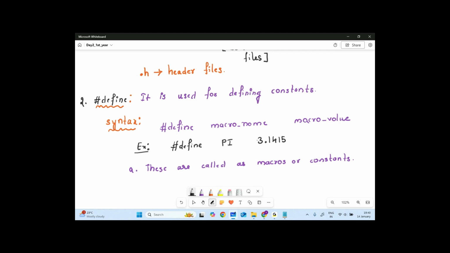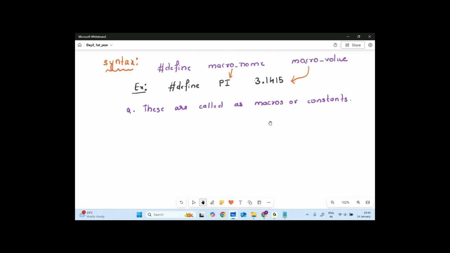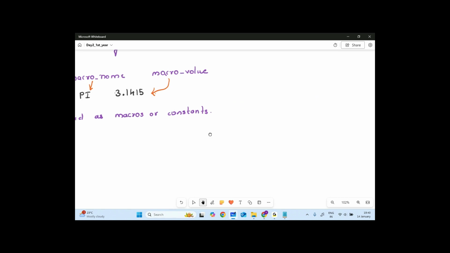My macro name is pi, and this is called the macro value. Now let us take one simple example to understand these things better.